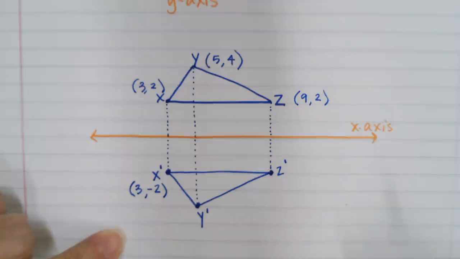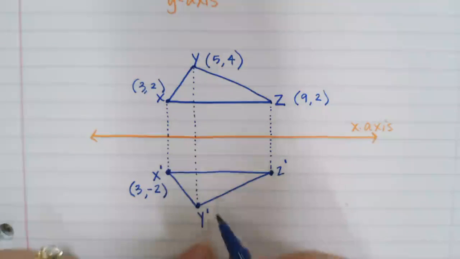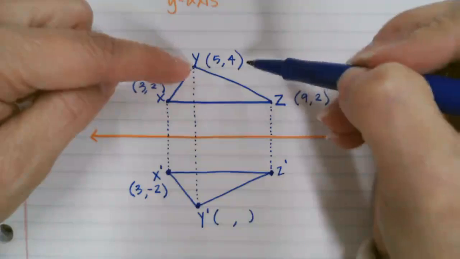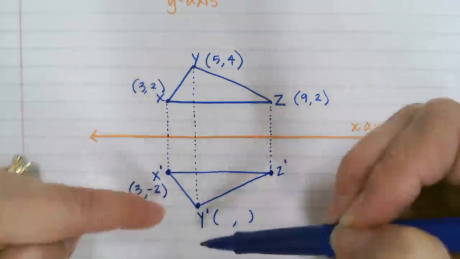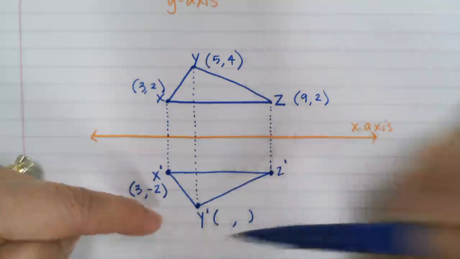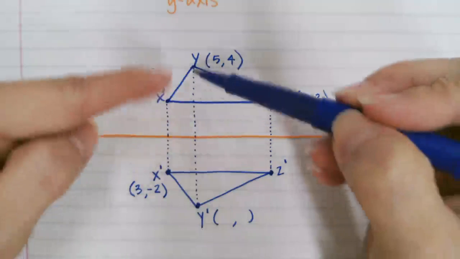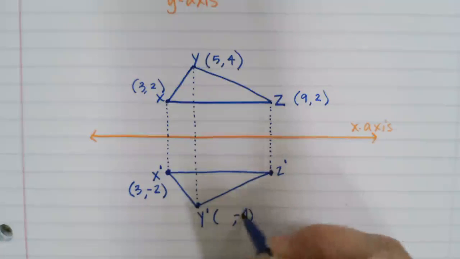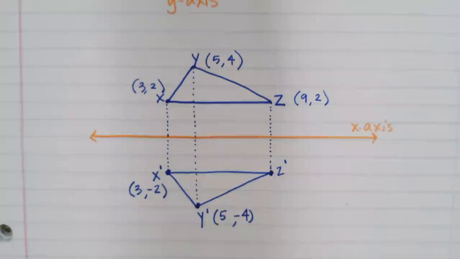All right, let's try point y. So if the ordered pair for y is 5, 4, its reflection should be what point? Well, instead of going up 4, I'm going down 4, but I'm not moving right or left.